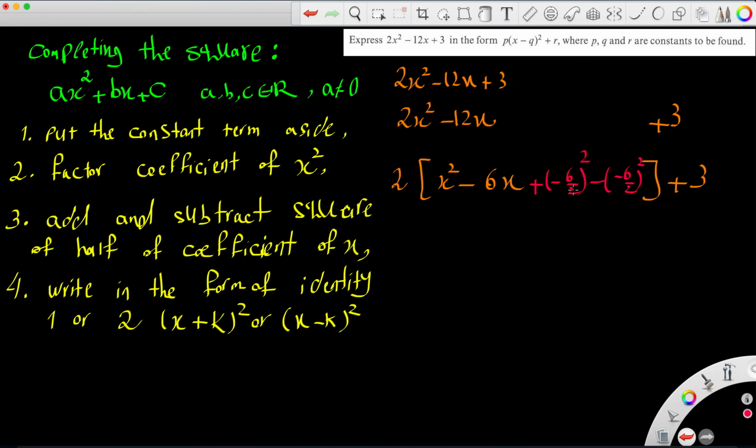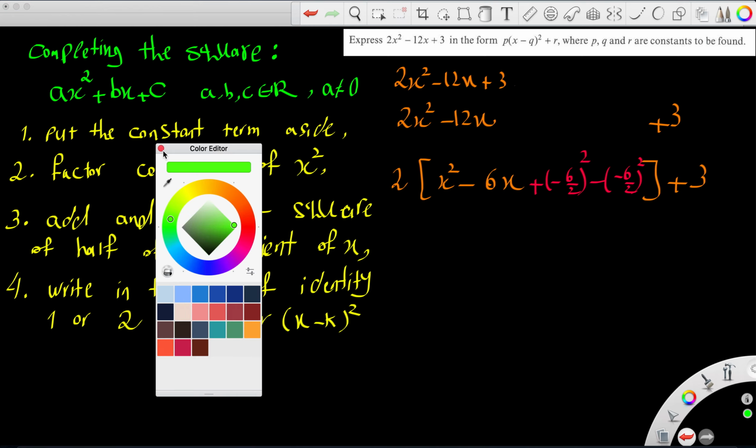If you add and subtract, it is as if nothing has happened to the equation, because when you only add, you will change it. You are not allowed to change the equation. You are supposed to change the form of this equation. So we subtract the same thing to cancel out the effect. These two cancel out each other, so as if nothing has been done. But you get help, by adding and subtracting, to change the form easily.